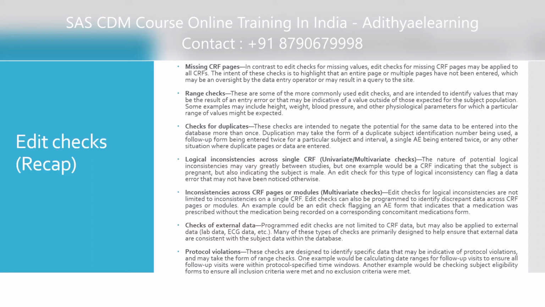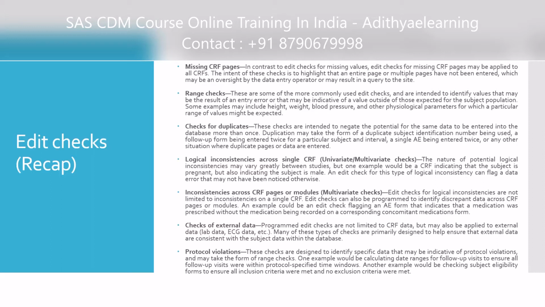That is multivariate because the programmer has to check between the event and the start date and say, if the event is present, the start date is missing. They cannot just put a missing value check, because the start date could be missing in the form when there is no event. So they have to put a check like only if the event is present, the start date is present.